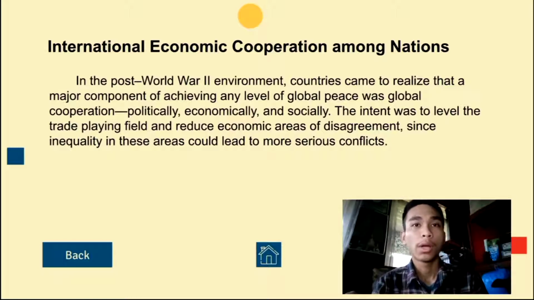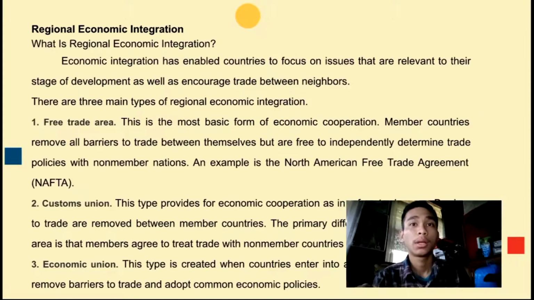The intent was to level the trade playing field and reduce economic areas of disagreement, since inequality in these areas could lead to more serious conflict.